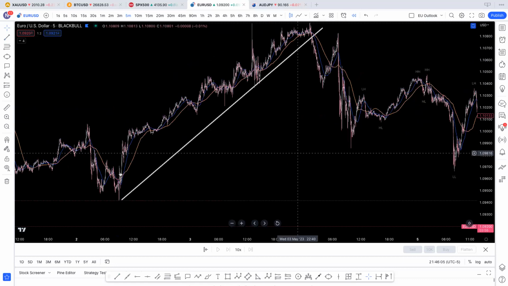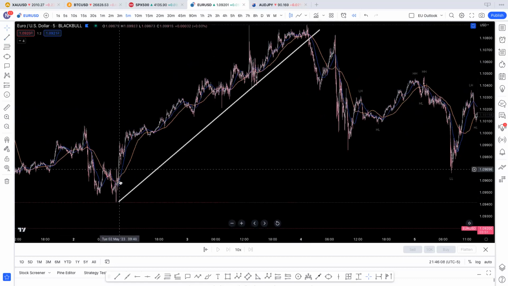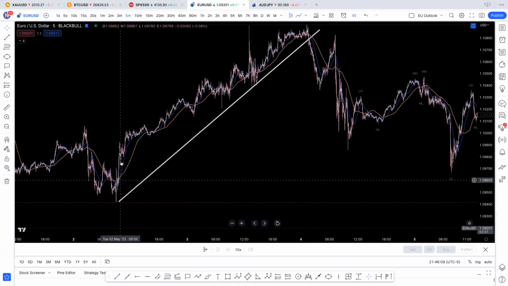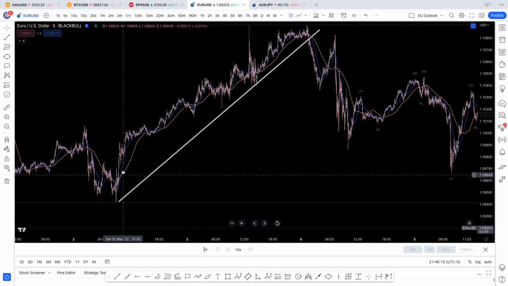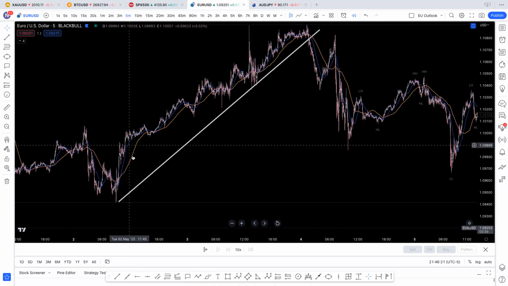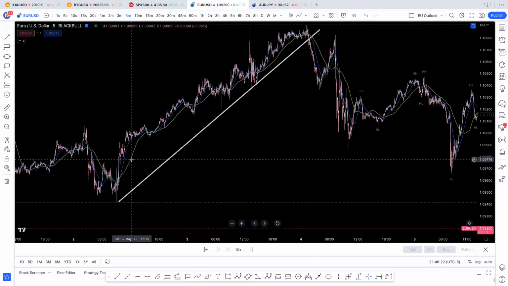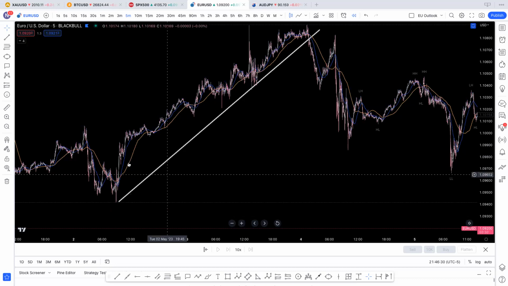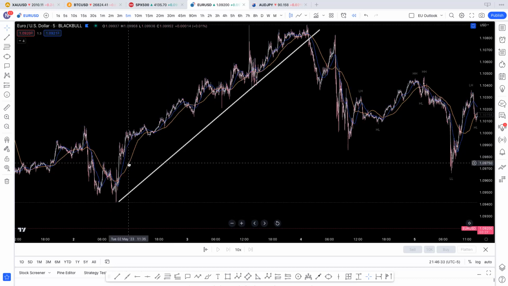I've got the 20 and 50 moving averages. The blue is my 20 and this orange color is my 50. However, I also have another 50 moving average on the 5 minute time frame that's overlaying this, which I'll show once I drop down to a different time frame.